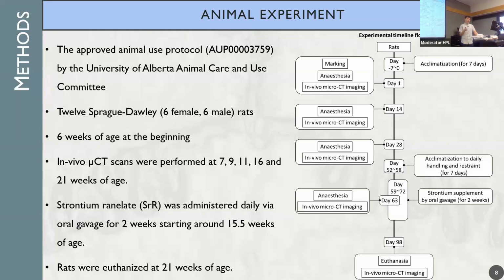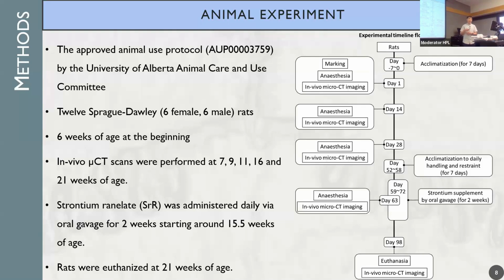Strontium is an alkaline earth metal similar to calcium. When administered to the body, it substitutes up to about 5% of the calcium in the hydroxyapatite compound. Then that is deposited in the bone matrix, and it will stay there unless it's resorbed.